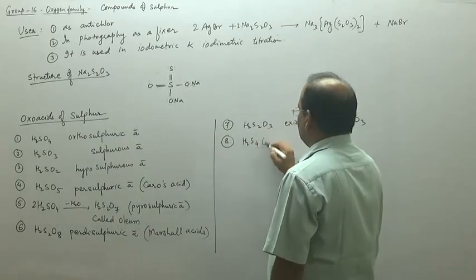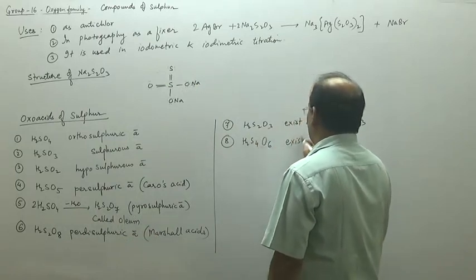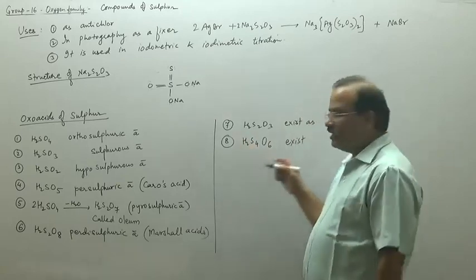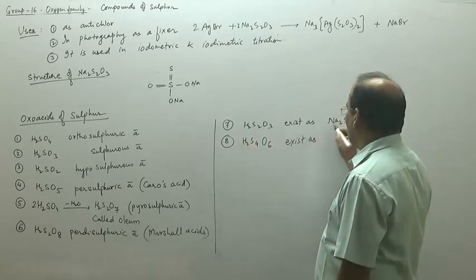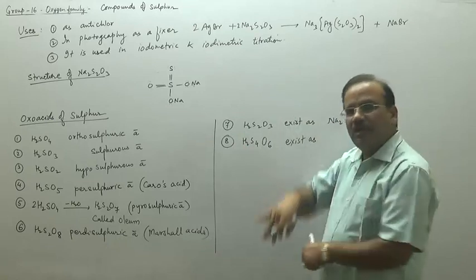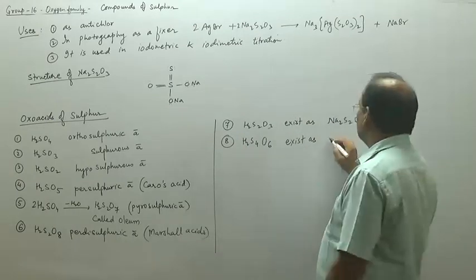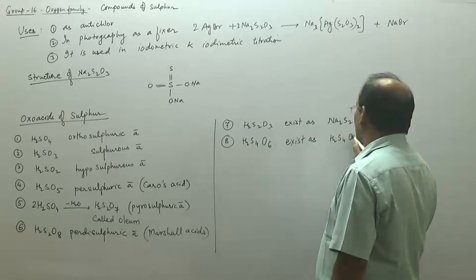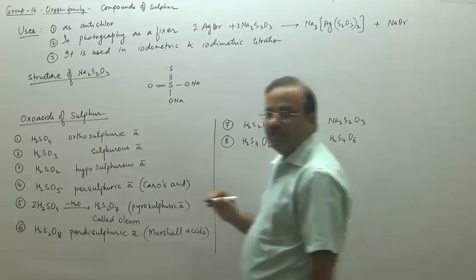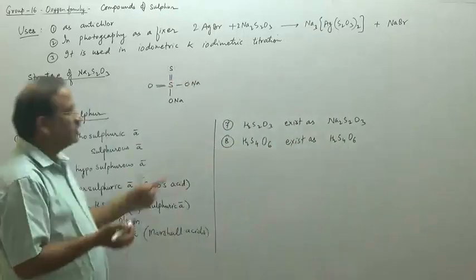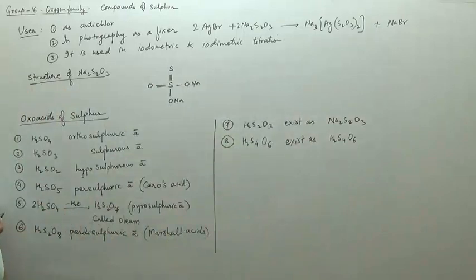H2S4O6 also does not exist as an acid, they exist as salts. Then they can be converted into the acid when required. These are those acids which do not exist in the free state. They are going to exist like that.